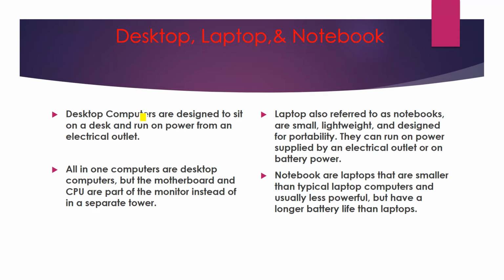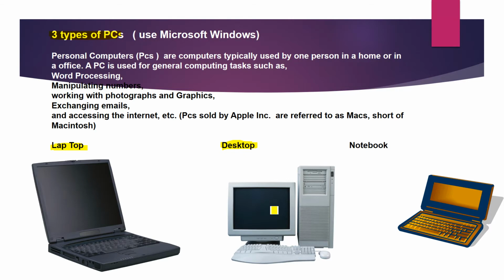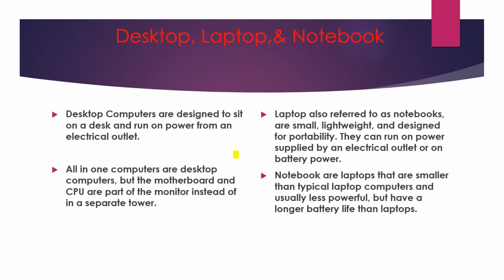Now we will learn one by one: desktop, laptop and notebook. First, desktop computers are designed to sit on a desk and run on power from an electrical outlet. For the desktop computers, this one, right? You have to sit on a desk because it is not easily portable from one place to another.